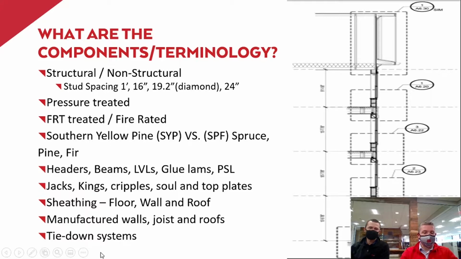There are many different makes or models of tie-down systems, ranging from boots that connect to all thread that runs all the way up to the top plates, to intermittent tie-downs that go between floors. There's a lot of parts and pieces to this, and it's very important that you check your specs and figure out where all these items go prior to their installation so that you know what you're looking for.